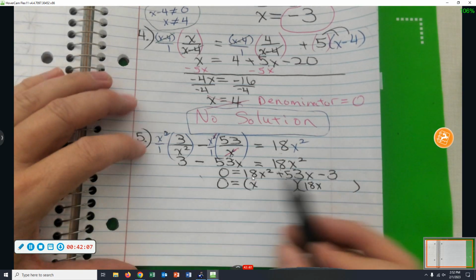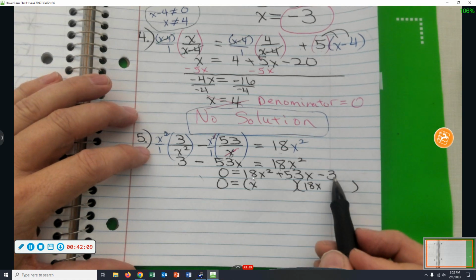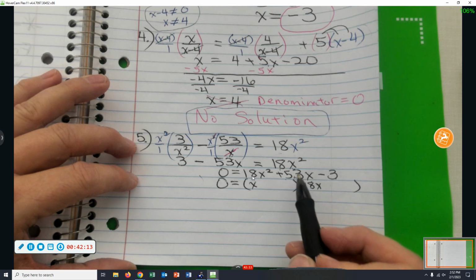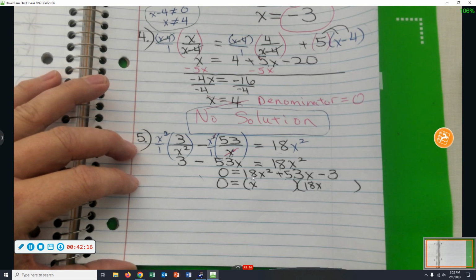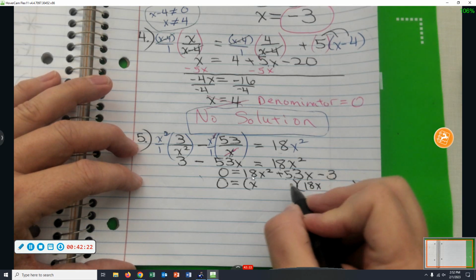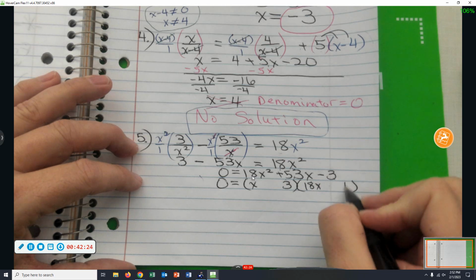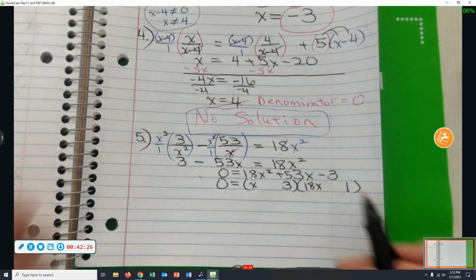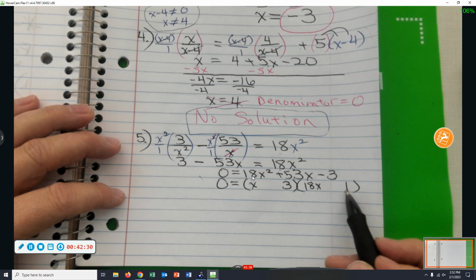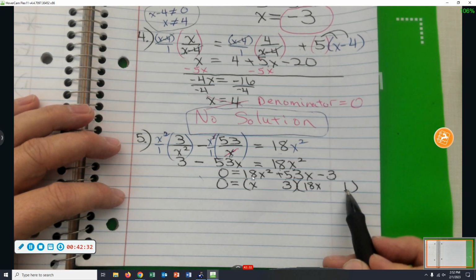Because I noticed 3 times 18 is 54, and that middle number there is only 1 away. When that happens, that's what makes me think use the number that appears in the problem. And then for 3, let's try that 3 there and the 1 there. We can't put the 3 here, because then 18 and 3 would have a common factor of 3.